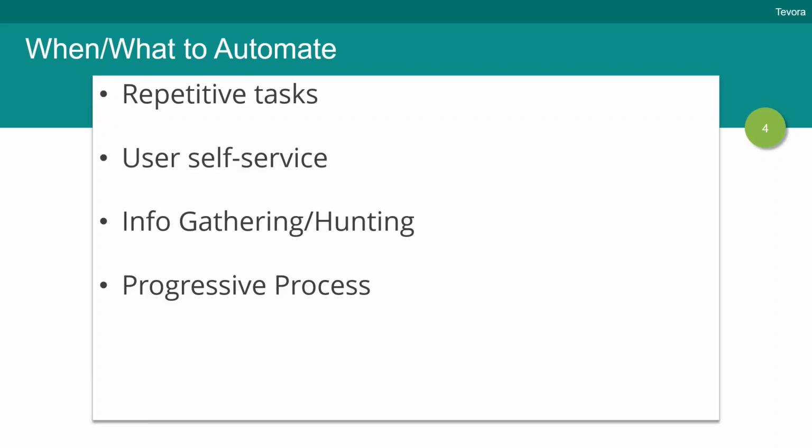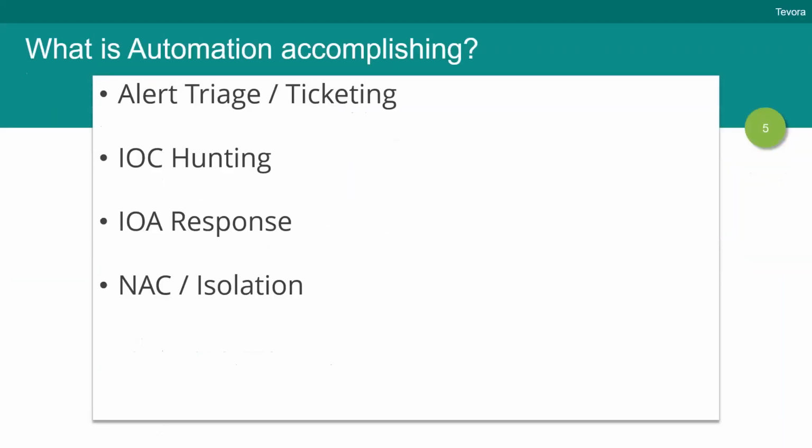And that takes me over to our next step, which is what automation is really doing at the end of the day. I think I've covered this a decent amount already, but just to give a little more detail, one of the first things is we're getting a lot easier triage on a lot of alerts that come in. This is one of the biggest challenges that we see in a lot of organizations, trying to figure out the right level of alerts to receive.